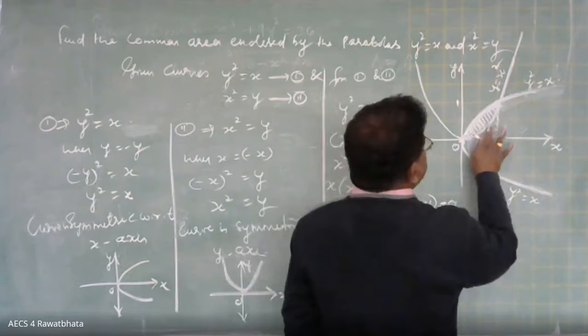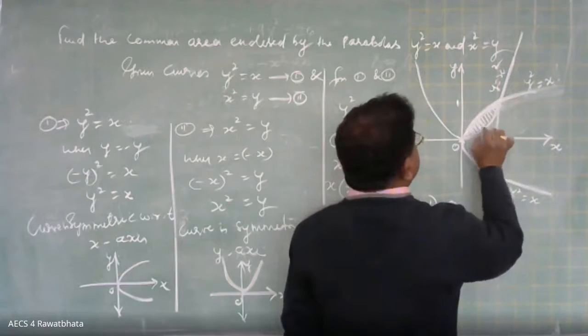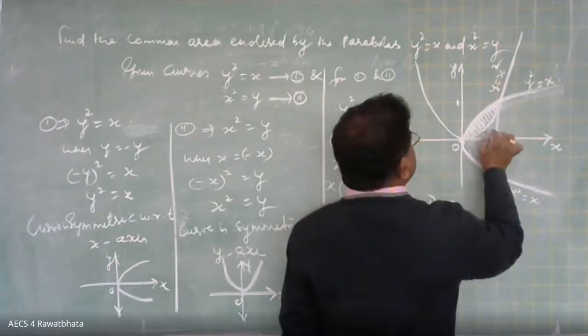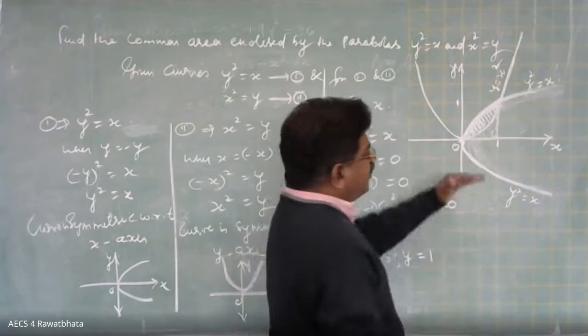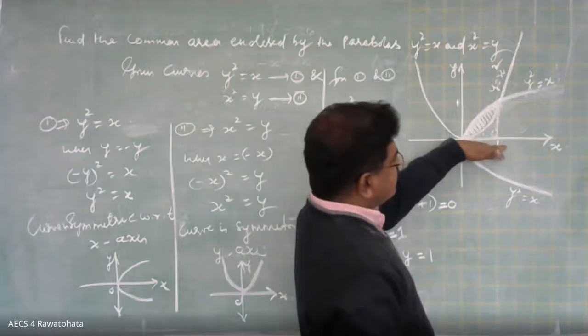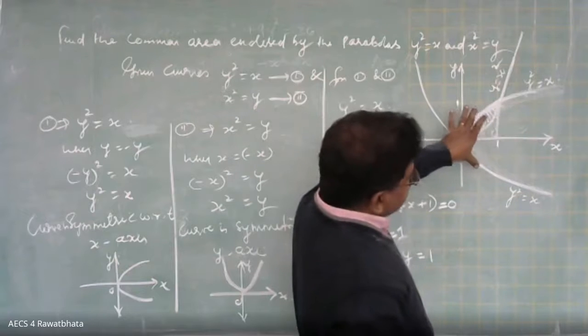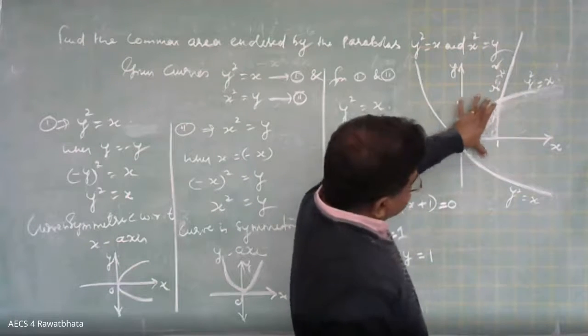Now this is additional; we have taken this one only, and this part we have to remove. This is the area bounded by the curve y is equal to x squared with the x-axis. Previously, symmetric with respect to the y-axis means inside the curve.